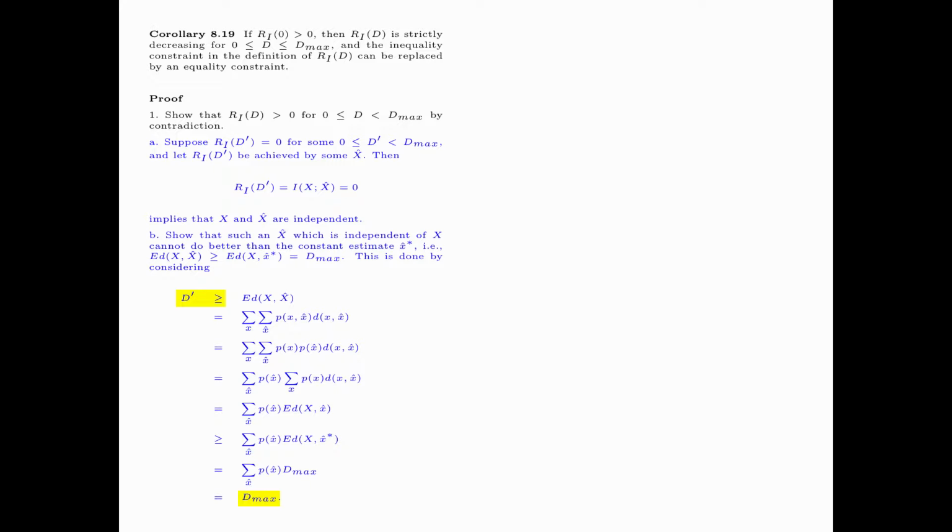Thus we have shown that d' is greater than or equal to d_max. This is a contradiction because at the very beginning we assumed that d' is strictly less than d_max. And therefore, we conclude that R_I(d) is strictly greater than 0 for d greater than or equal to 0 and strictly less than d_max.